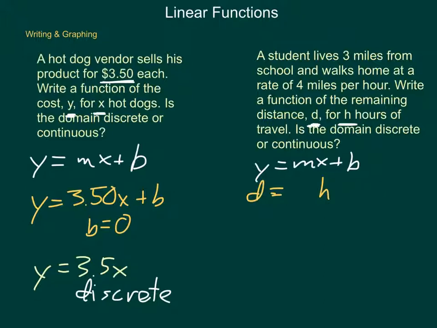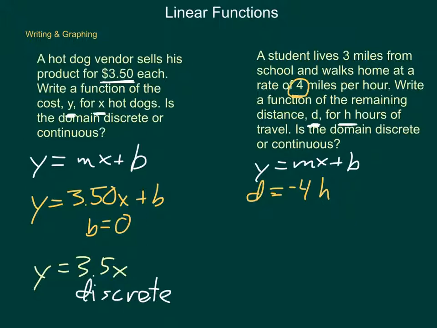And what are our situations? Well, we can walk home at 4 miles per hour. If home is our reference point and we are walking towards it, then we are going to be taking on some sort of movement coming in. So we're going to have a negative 4, negative showing that the distance is decreasing as time passes.